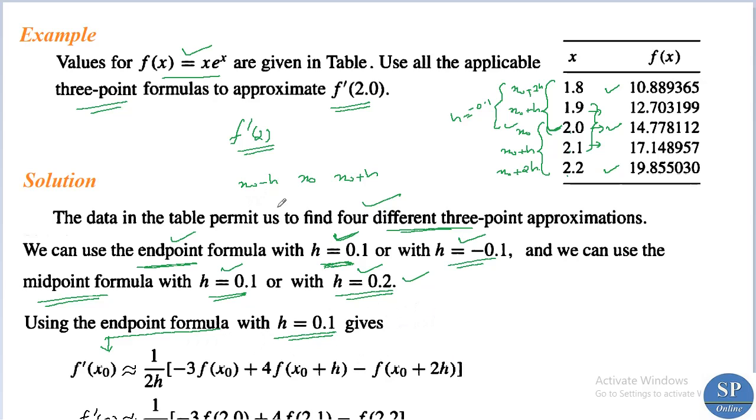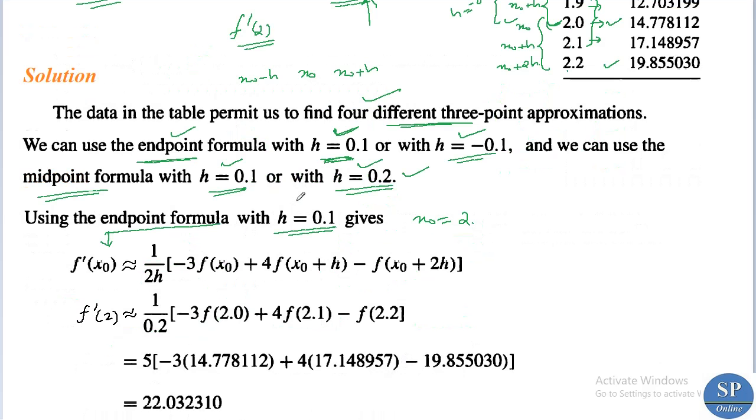So we have to approximate the value at the point 2, so we need to take x0 equal to 2. Here if we are choosing h equal to 0.1, we have f dash at the point 2 is approximately equal to 1 by 2h, that is 1 by 0.2, because h is equal to 0.1, into minus 3 into f of 2 plus 4 into f of 2 plus 0.1, that is f of 2.1, minus f of x0 plus 2h, which is f of 2.2.